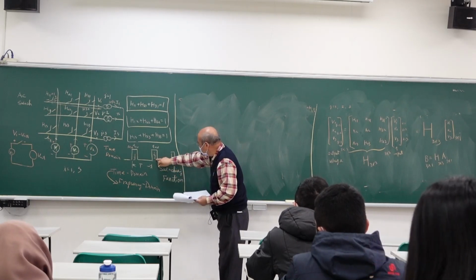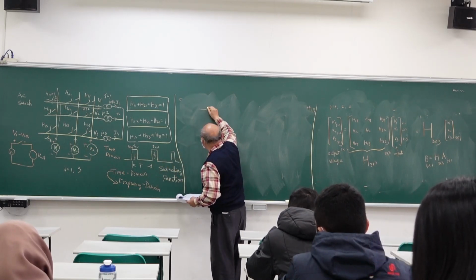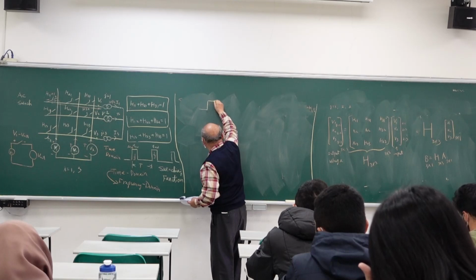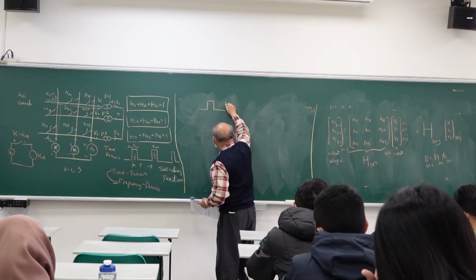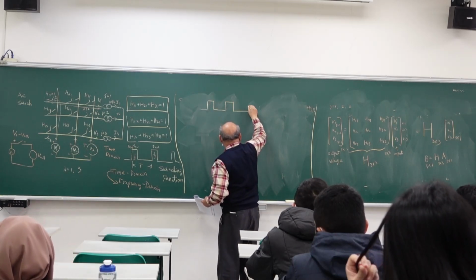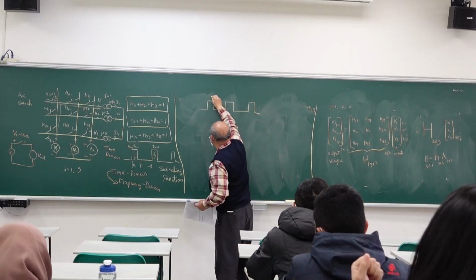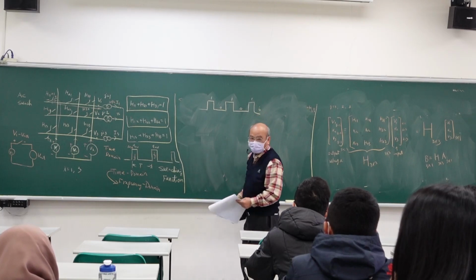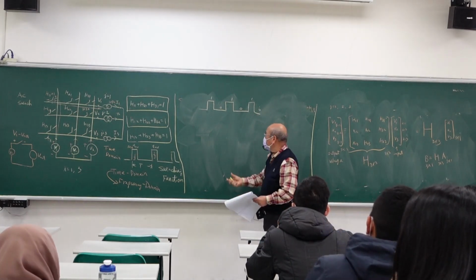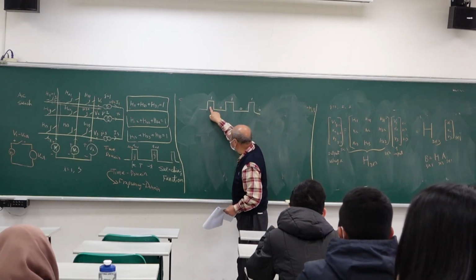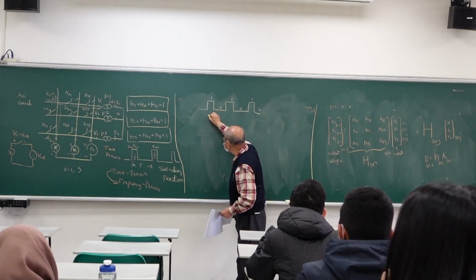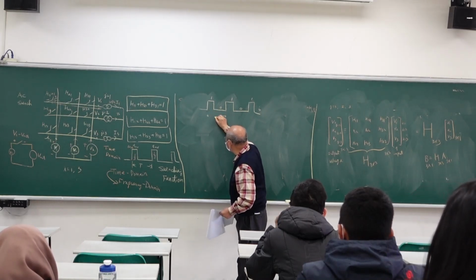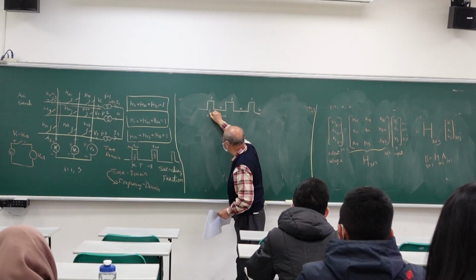So we have a waveform like this. We know this is 1. This is 0. Right? We learned that. And we know this is 1/3. So this is 1 period, but 1/3 here.